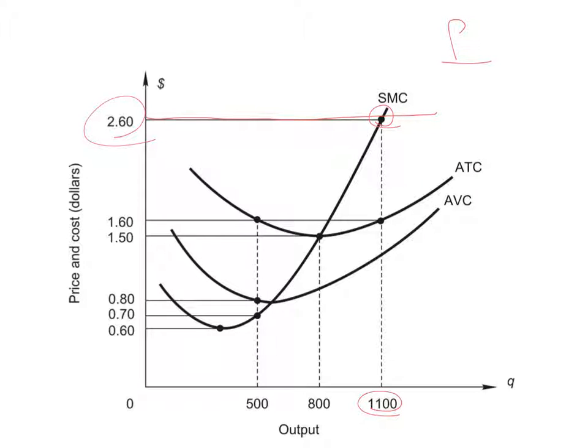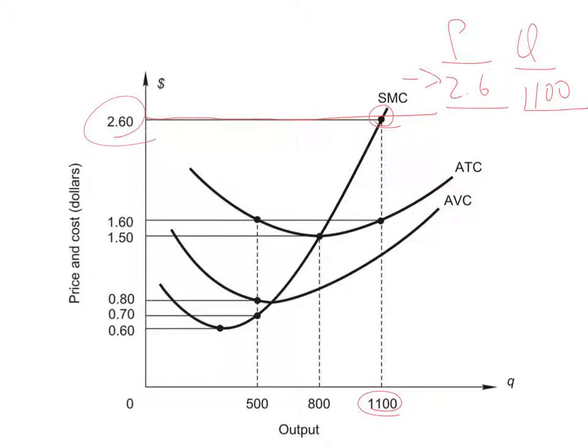So at a price of $2.60, the firm produces 1,100. Now, what I've created here, or I'm starting to create, is a table. And in this table, we're finding price-quantity combinations. We're finding the quantity of output that the firm is willing and able to produce at a particular price.